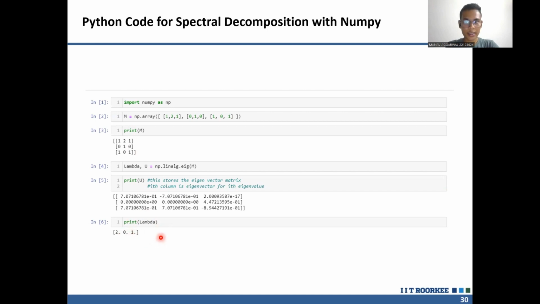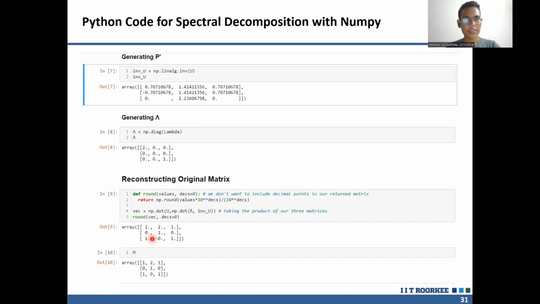Now, how can you verify it? It's by reconstructing the original matrix from the spectral decomposition form. That will verify our entire theory. Let's have a look at that. Generating P transpose would be by simply taking the inverse of the eigenvector matrix that we achieved previously. That is what is the case for orthogonal matrices. Generating lambda would be diagonalizing the eigenvalues to form a 3 cross 3 matrix corresponding to the dimensions of the original matrix.